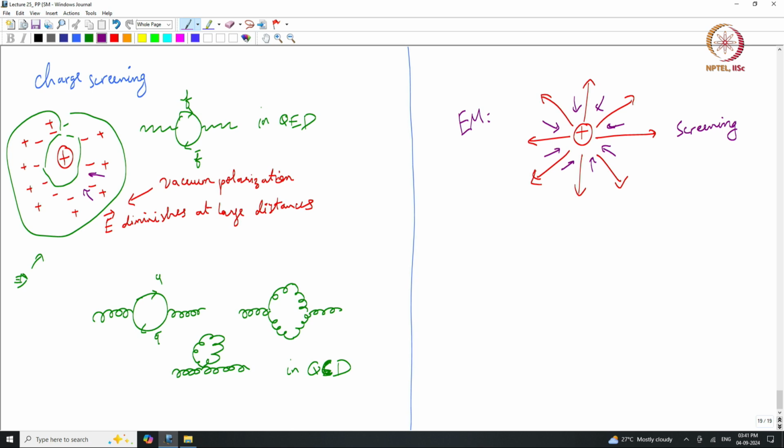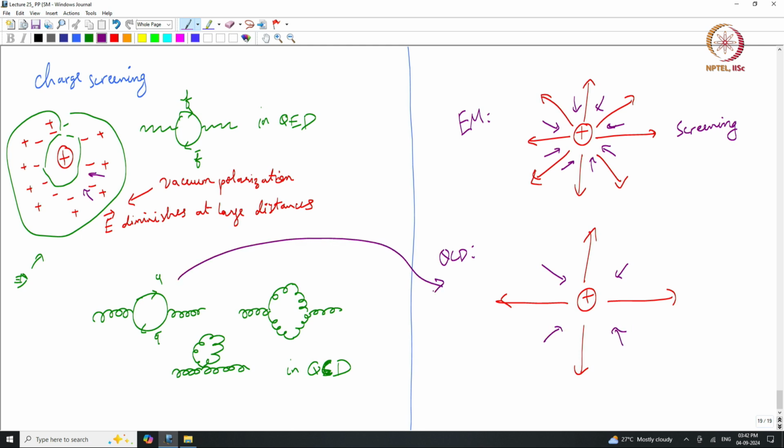But what is the difference now with QCD? In QCD, let me draw yet another picture. Now I'm not going to draw all the lines. I still have this. I have some screening basically from a vacuum polarization diagram like this.